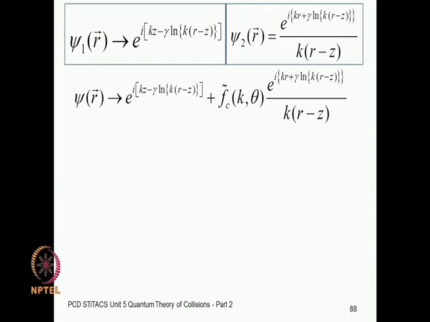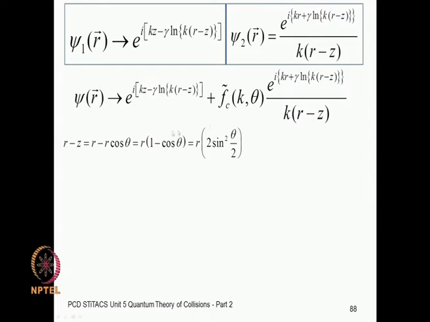I am going to stay as close as possible to the notation used in Sakurai's book Modern Quantum Mechanics in chapter 7, and he uses a scattering amplitude Fc, whereas the Fc tilde which I have used is slightly different, but I will tell you what the relationships are. So I have this term which is going to give us information about the scattering amplitude and the differential cross section.